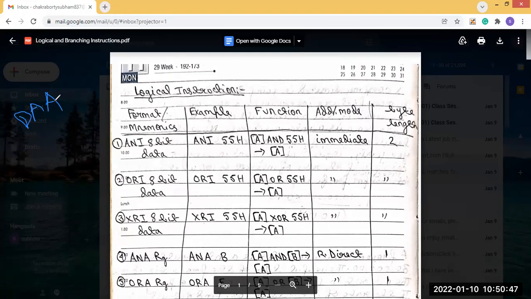It converts the content stored in the accumulator from hexadecimal to decimal.